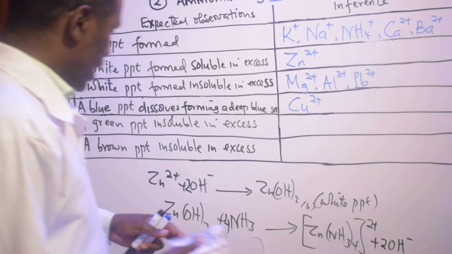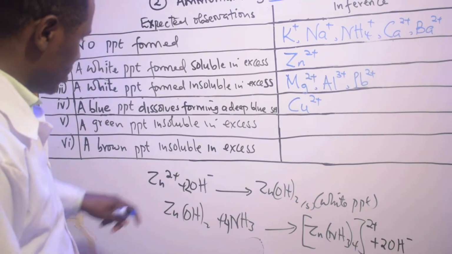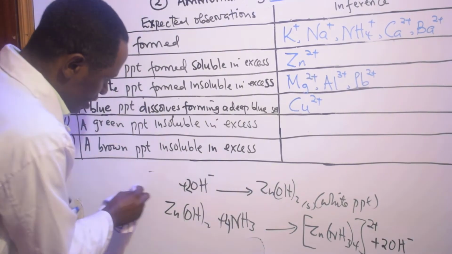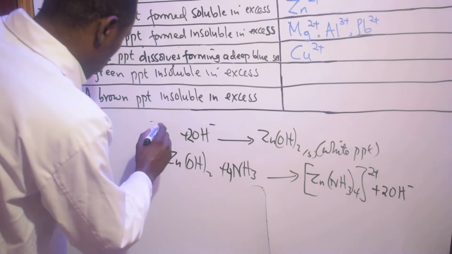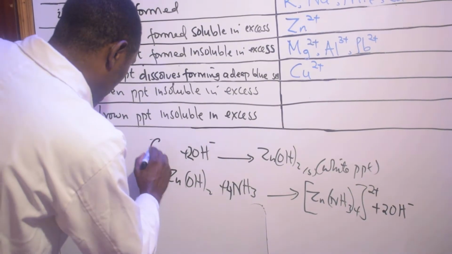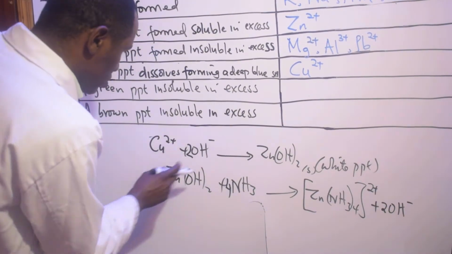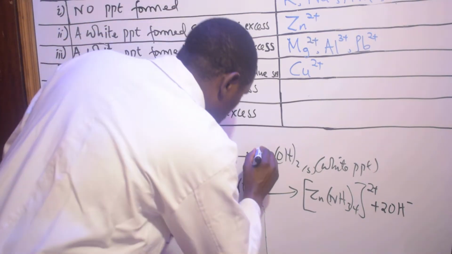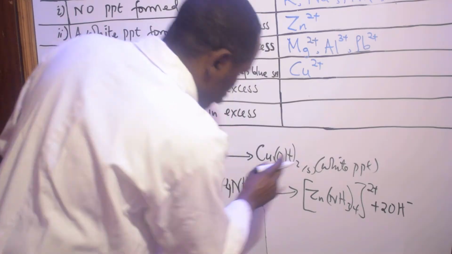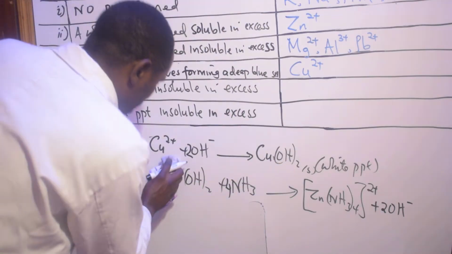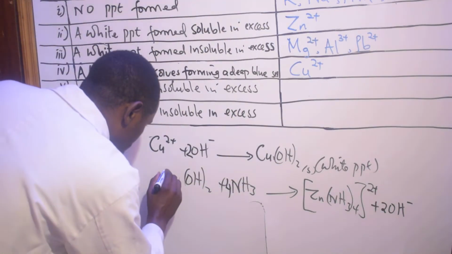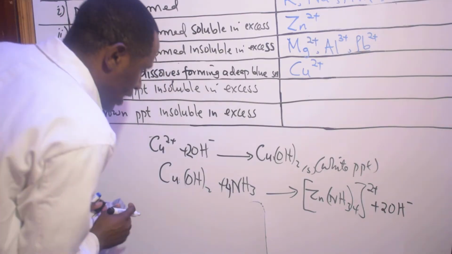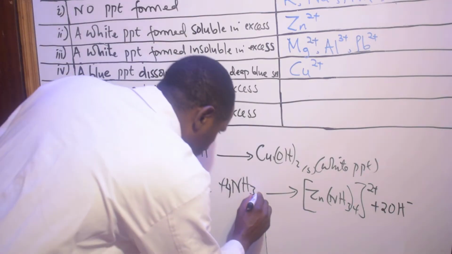Now, this one is very similar to what we have in zinc hydroxide. Actually, we're going to have something like this. I'm going to have the copper ions. Copper ions plus hydroxide ions will form a blue precipitate, and the blue precipitate here is copper hydroxide. Now, with this copper hydroxide, we can replace zinc. We're going to have copper hydroxide reacting with aqueous ammonia.